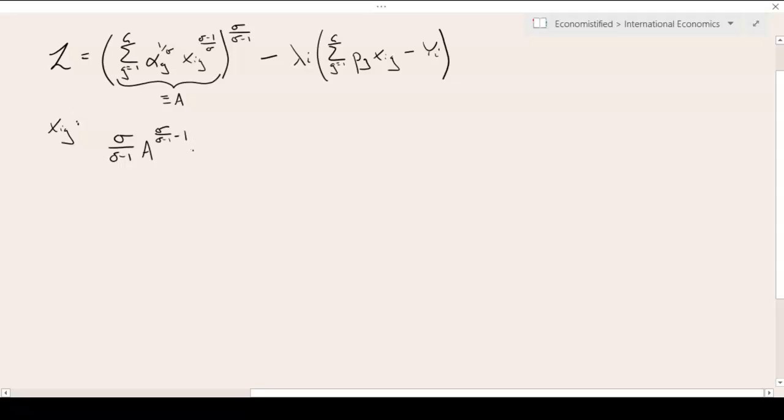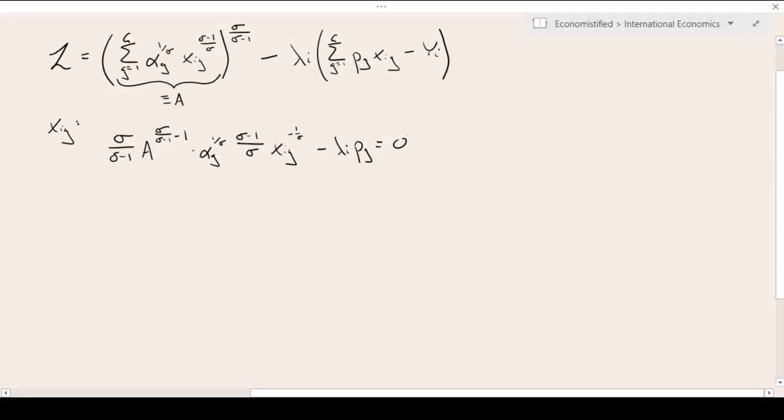Now I'm going to differentiate the inner function with respect to xig. So the alpha g is just treated as a constant here. And xig to the sigma minus 1 over sigma, differentiated, gives xig to the minus 1 over sigma power. And then on the right-hand side, I have lambda i times pg, and all that is equal to 0.